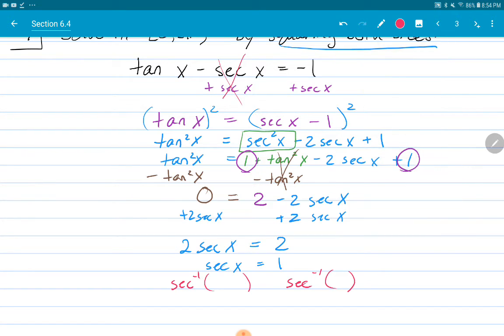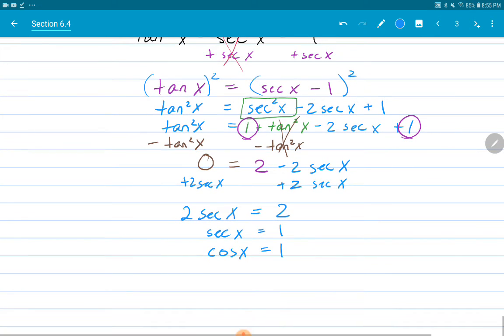In fact, before I do that, I'm going to change this to cosine because that's a little easier to find. I could do what I just did, but I think it is easier to do it this way. So cosine of x is the multiplicative inverse of secant. So inverting both of these, I still get a 1. And that is a little bit easier.